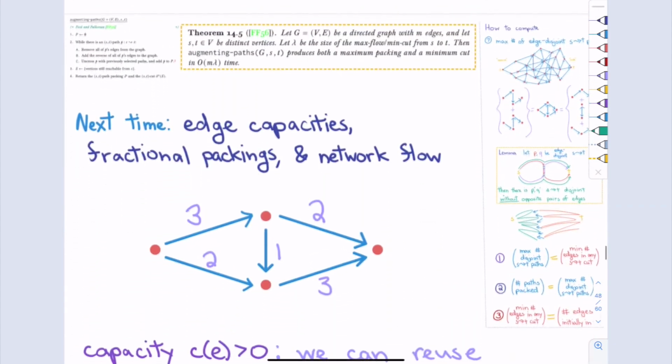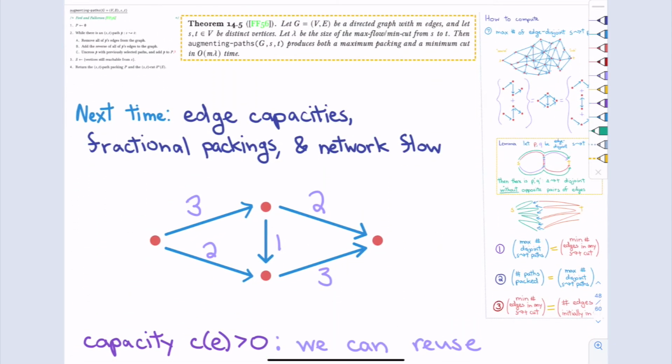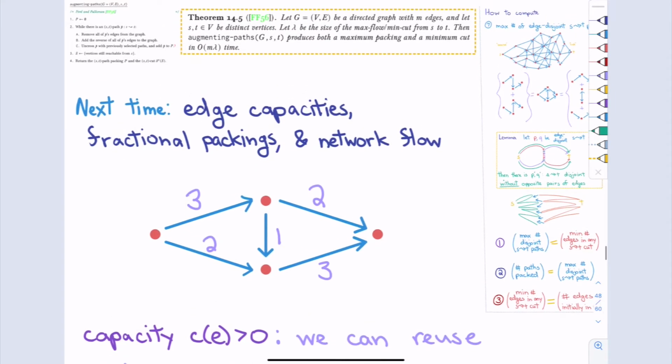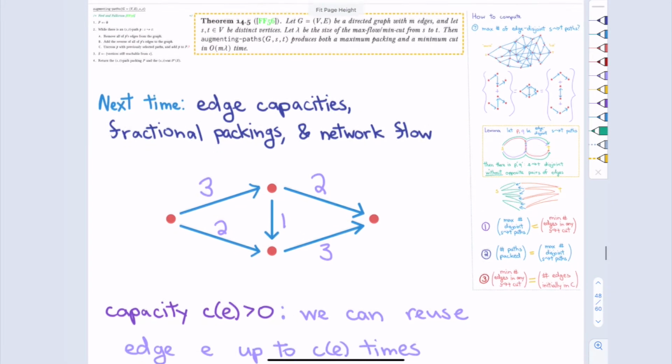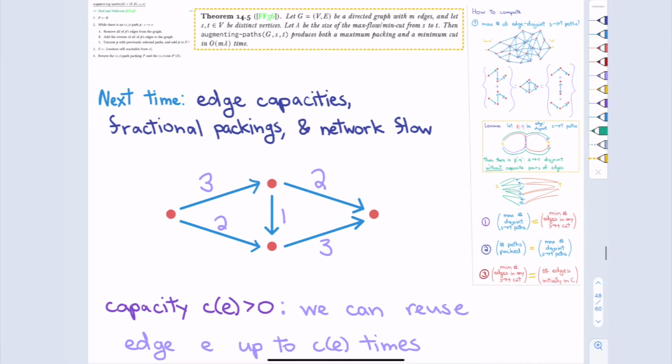All right, so let me use the remaining time to frame and set up what we'll discuss next time, which is an extension of this problem. This extension is very interesting. We have mostly been imagining simple graphs with no copies of edges, but it could always have worked with copies of edges.